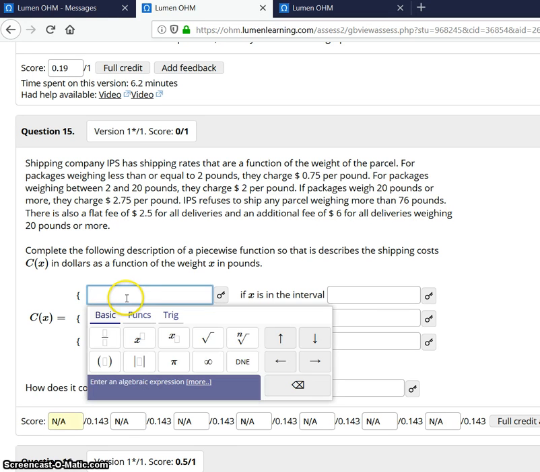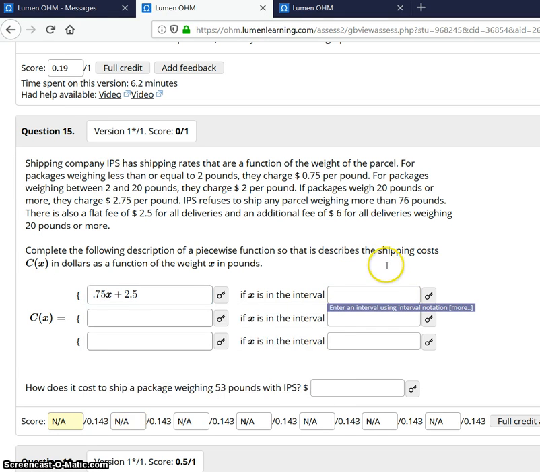So what that tells me here is the charge is 75 cents per pound, where x is the number of pounds, and then there's a flat fee on top of that of $2.50. And that happens as long as the package weighs less than or equal to 2 pounds.